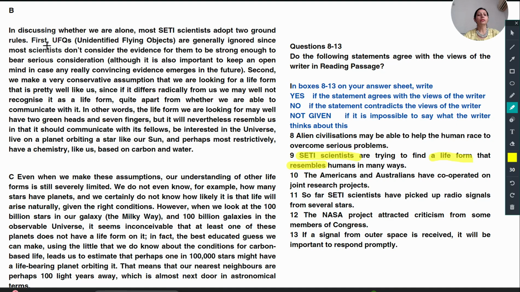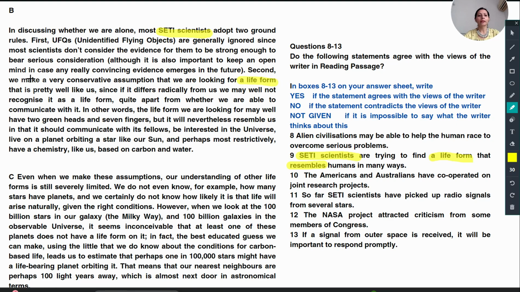In discussing whether we are alone, the scientists adopt two ground rules. The first are generally ignored, because we have already read this paragraph, that's why I'm not reading it. Life form is also here.